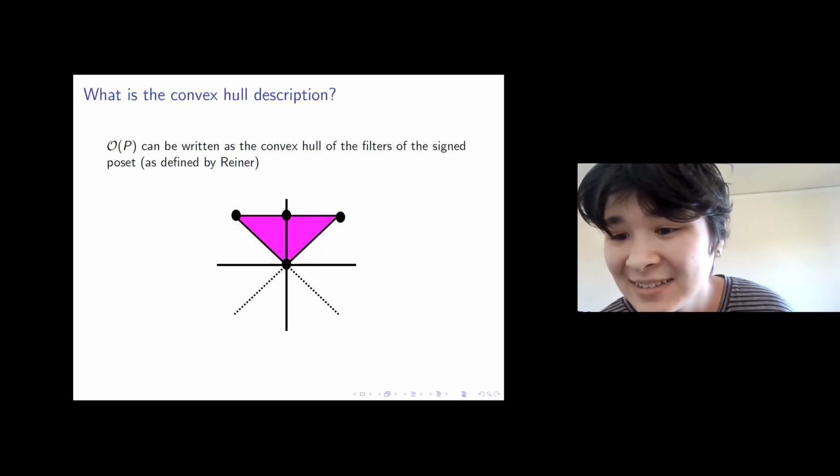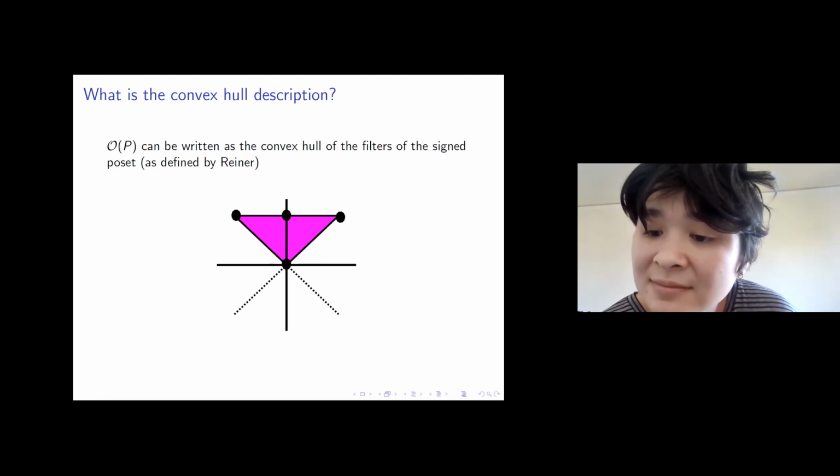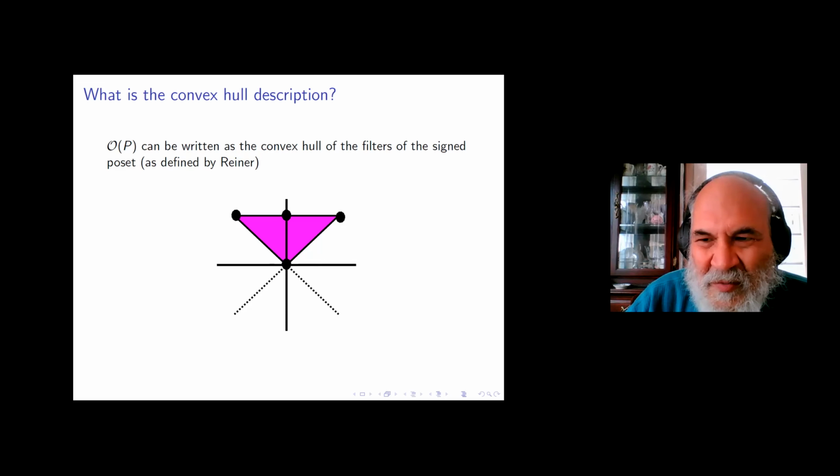So a point, a tuple in R^P, corresponds to a sequence, a real number for each element of the poset. These real numbers are between 0 and 1.